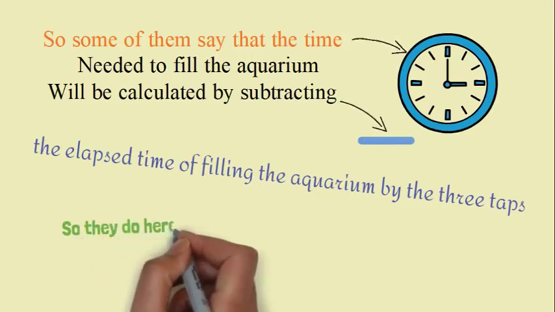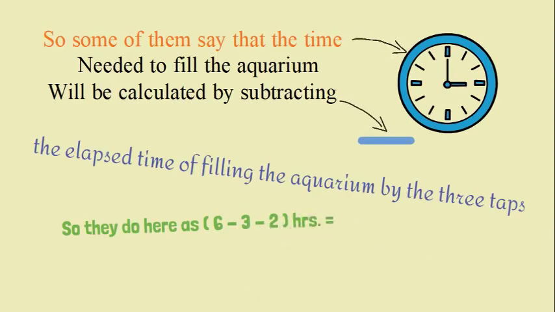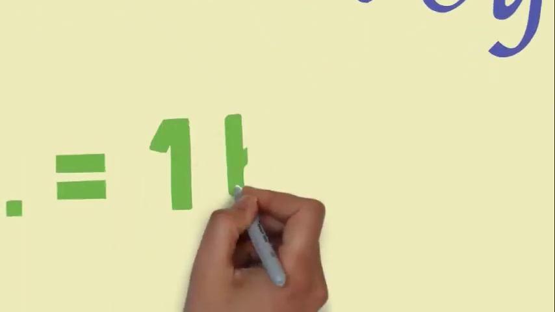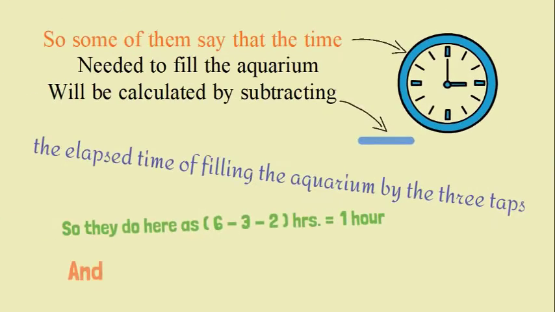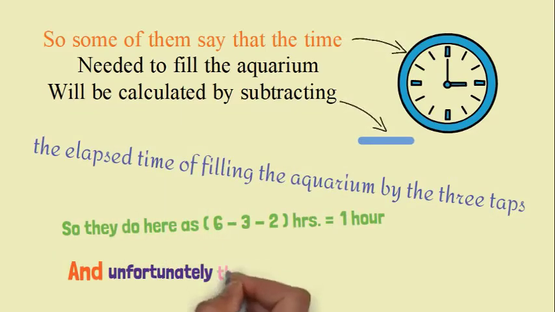So they do here as 6 minus 3 minus 2 hours equals 1 hour. And unfortunately, this is wrong.